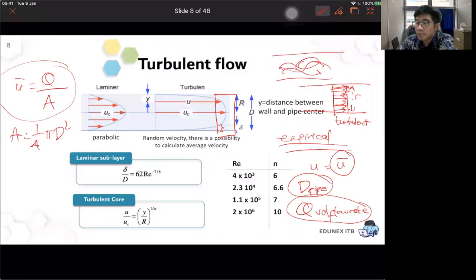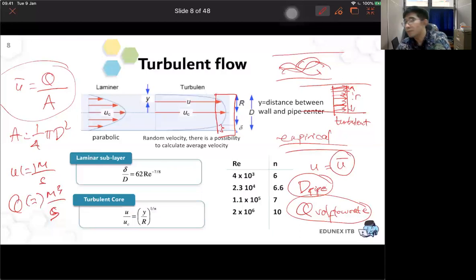Kecepatan linear. The unit is this one. The volumetric flow rate, the unit will be this one. I'm using standard MKS unit. Okay, any question?